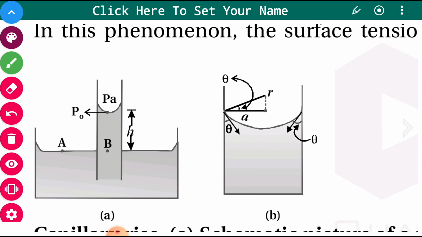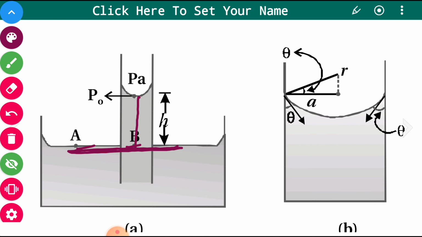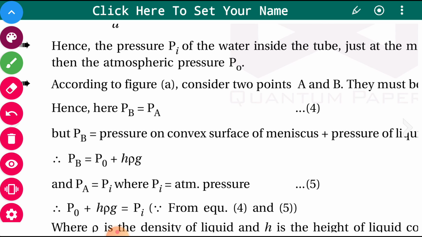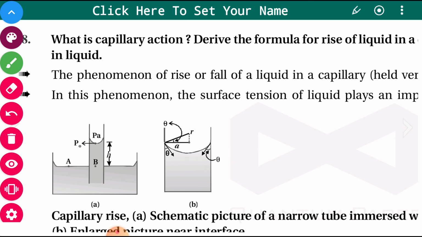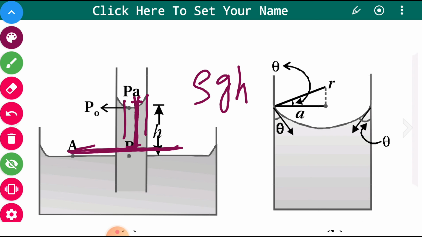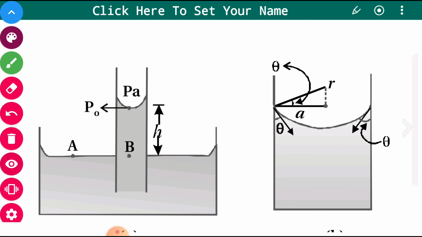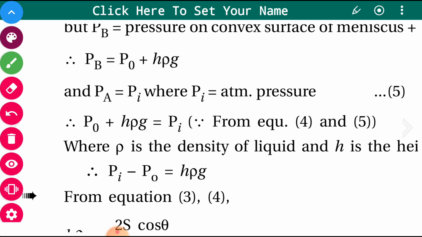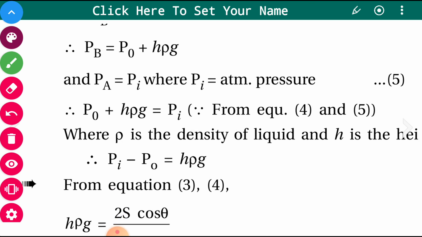It is the pressure produced by the liquid column, that is rho g h, plus the pressure at the surface, so the pressure at B is Po plus rho g h.